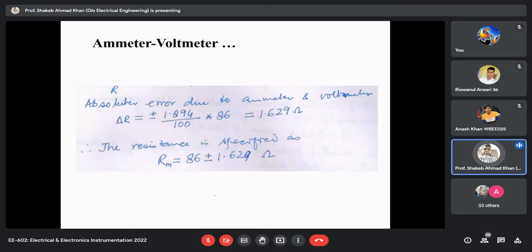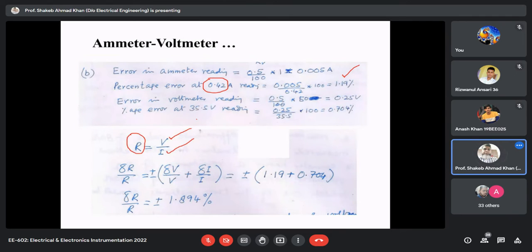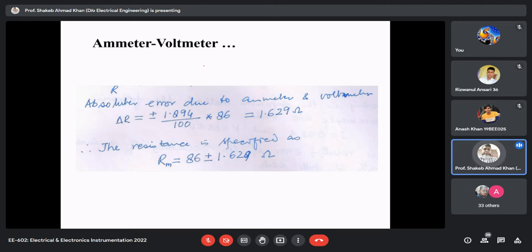So finally we'll write the absolute error due to the ammeter and voltmeter reading. This is a percentage error, obviously. So we calculated the absolute error, and this is coming out to be 1.629. Then finally we are able to give that your measured value will come within this range.